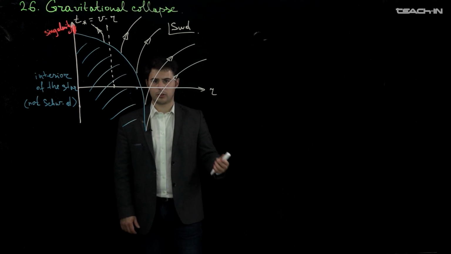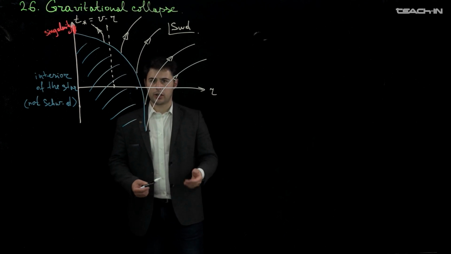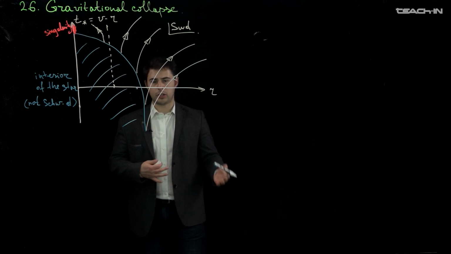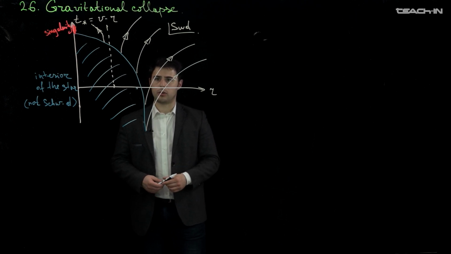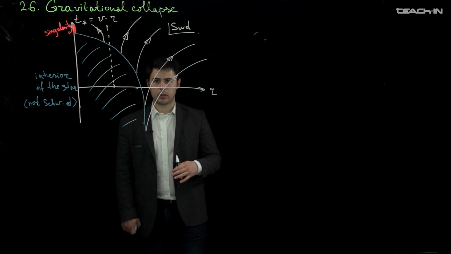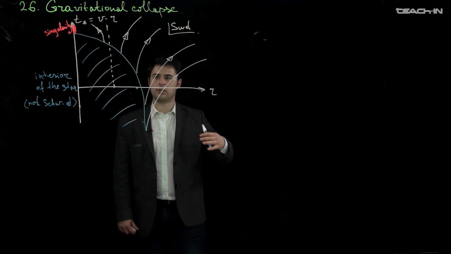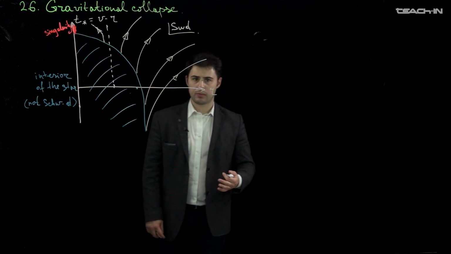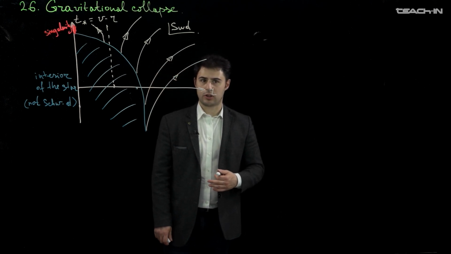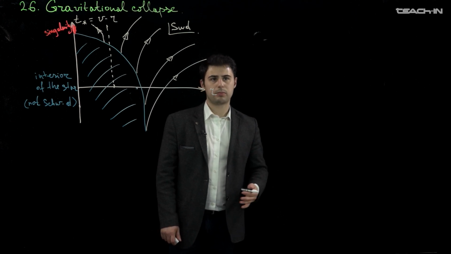So let us put it into a physical perspective. How long does it take for the gravitational collapse to happen? How long does it take an observer starting in the interior region to fall onto the singularity? The answer is actually quite short.